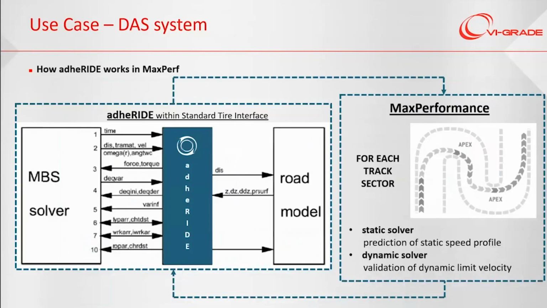The AdeRide model, working in parallel with the ThermoRide model, is completely compliant with the VI-grade real-time environment. The following outputs are obtained from a co-simulation between AdeRide and VI-grade Max Performance through a standard user interface API.